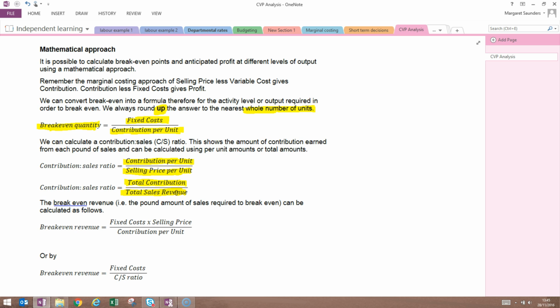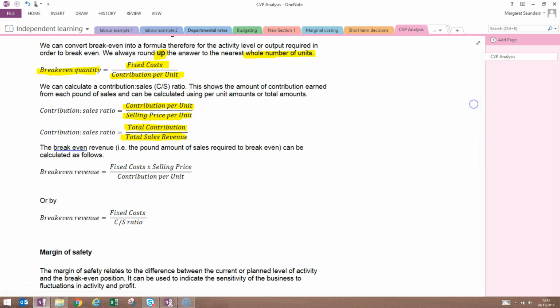Now that ratio can then be used as an alternative method of calculating break-even. So we can have break-even revenue. This is your break-even in value of pounds, and we can get it by fixed costs divided by the CS ratio.